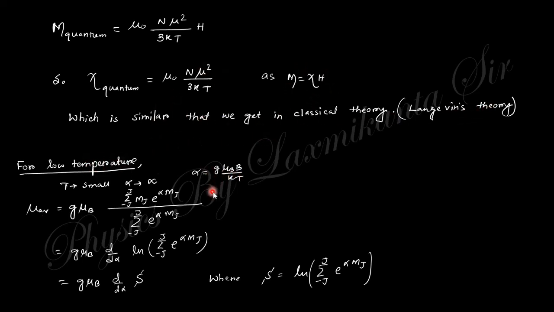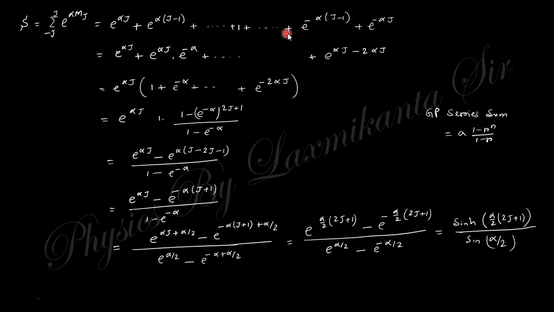At low temperature, alpha is large. So if you take these things, this is nothing but ln of this one, and this is known as the partition function. If you calculate this partition function very carefully, taking into account this separation and taking common factors out, you will obtain a GP series.